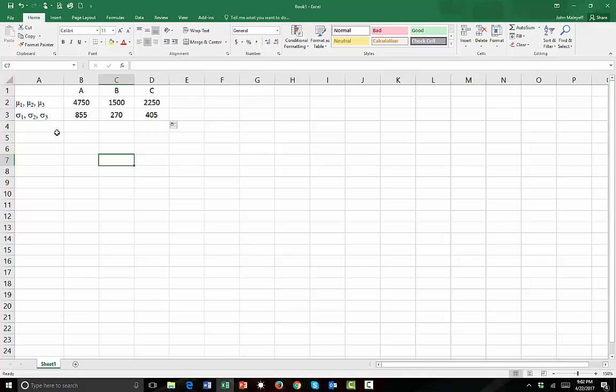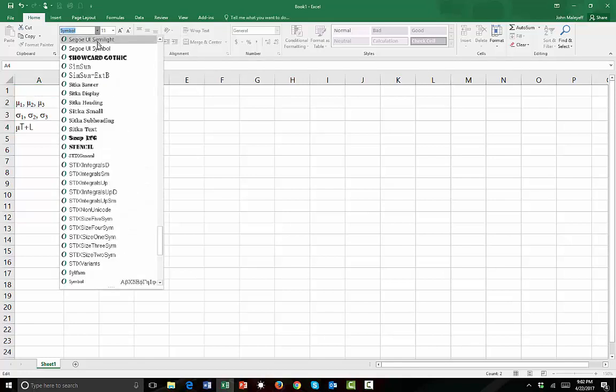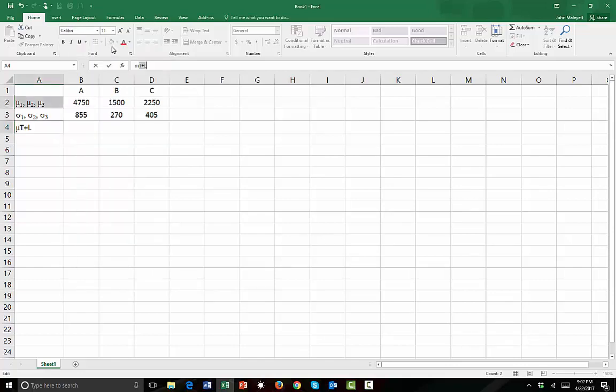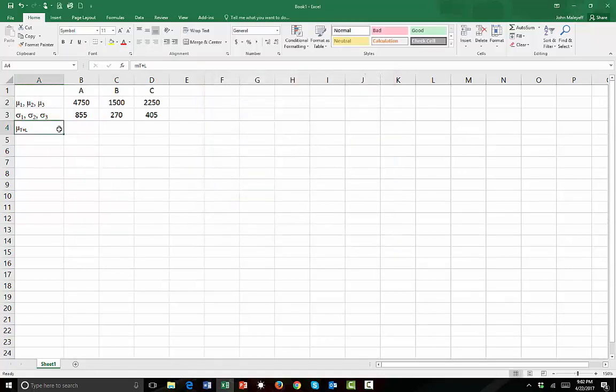And the label for that is T plus L, sorry. I'm going to have to change this to Calibri and a subscript. All right, that wasn't too painful.